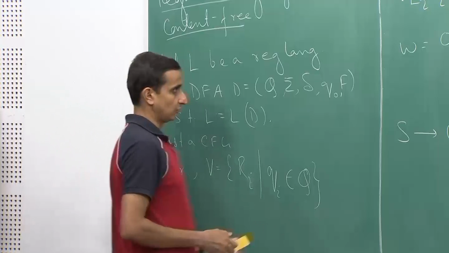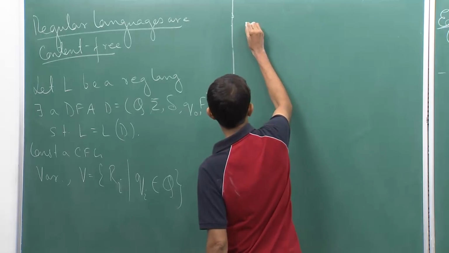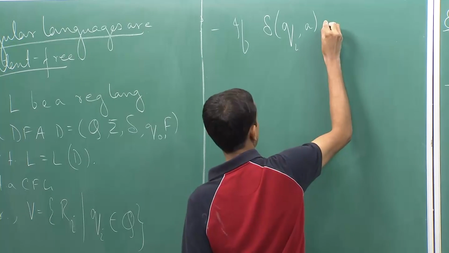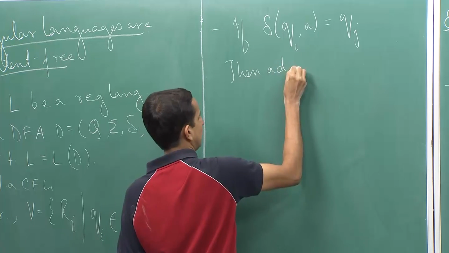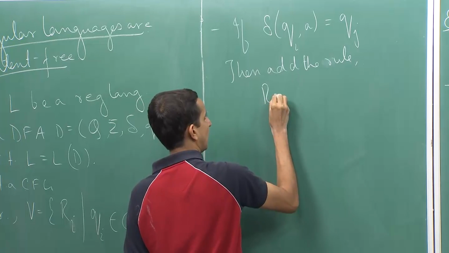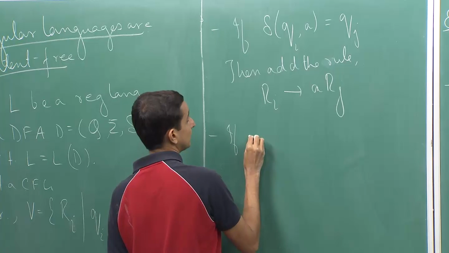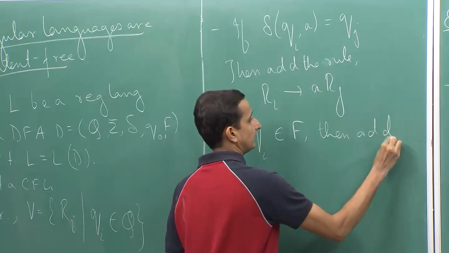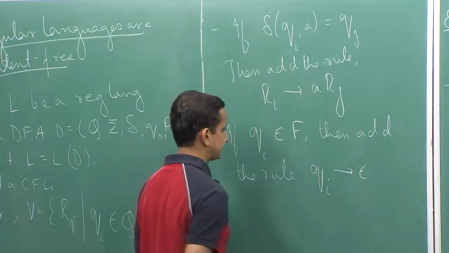The production rules I define as follows. If delta(Qi, a) equals Qj, then add the rule Ri going to a Rj, and if Qi is an accept state, then add the rule Ri going to epsilon as well.